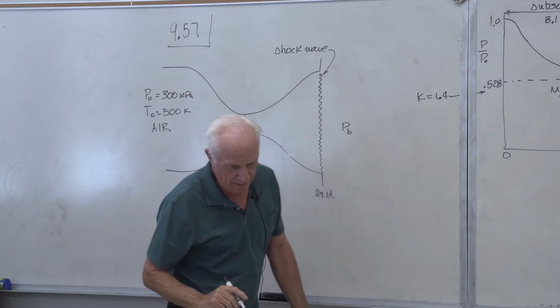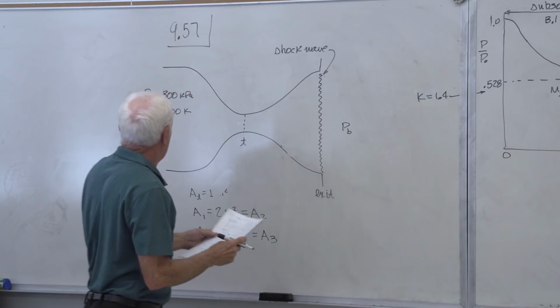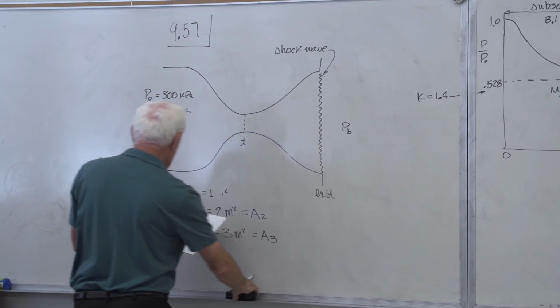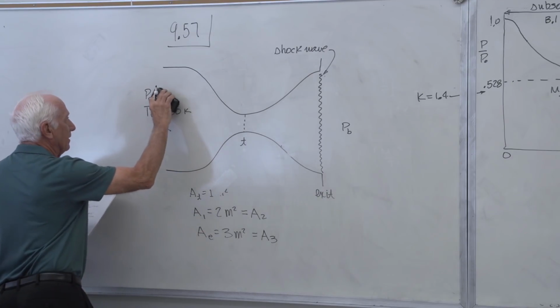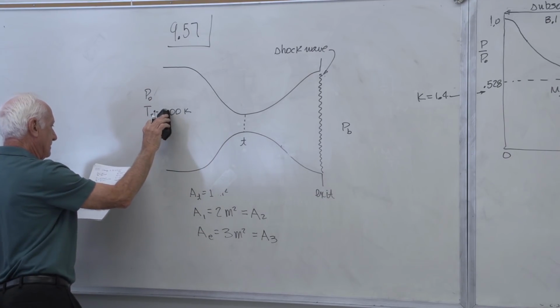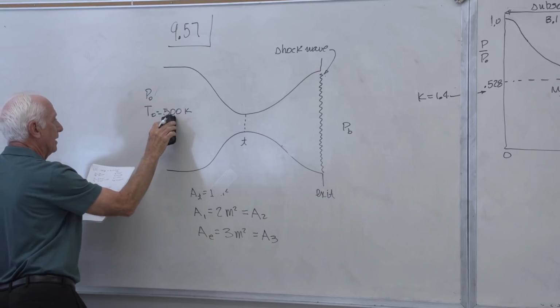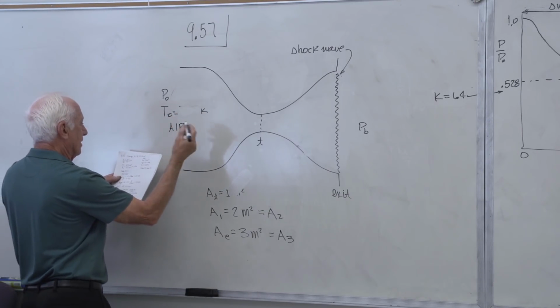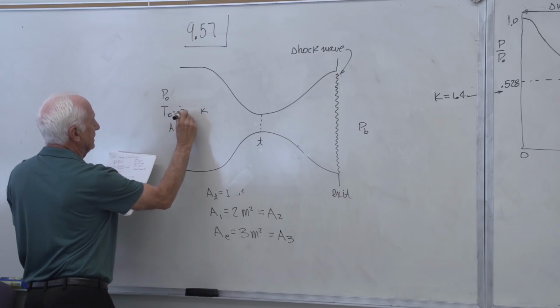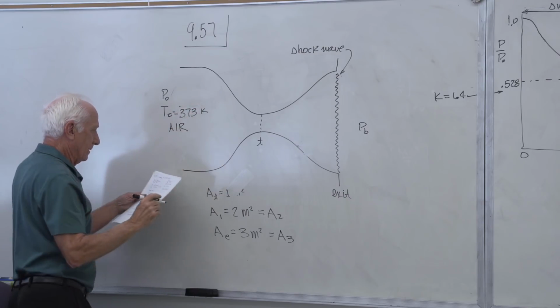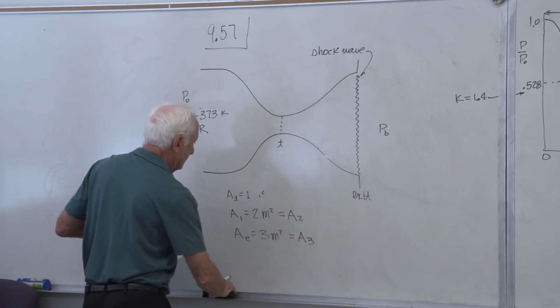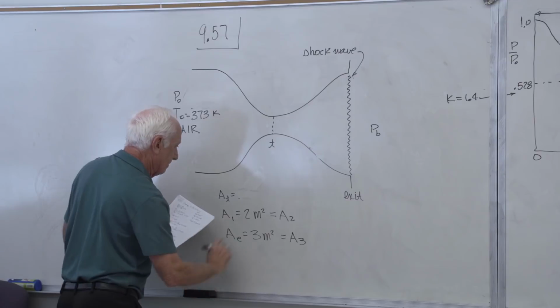Okay, let's see what we're given. The fluid is air. I am not given P naught, it's unknown. I'm given T naught, 100 degrees C, so 373 K. Area of the throat is 10 square centimeters.